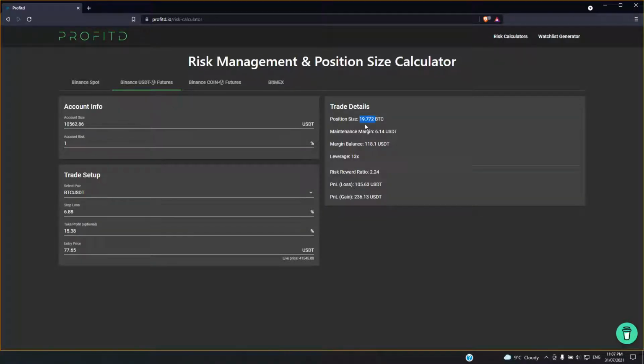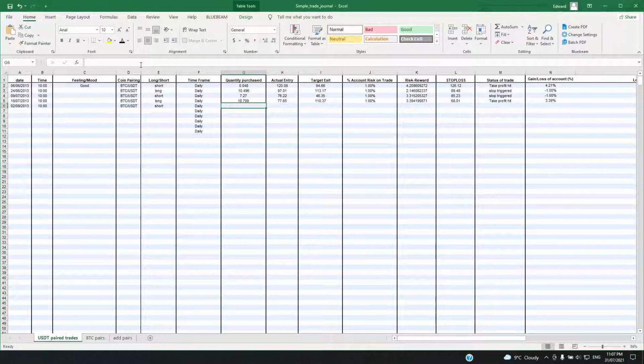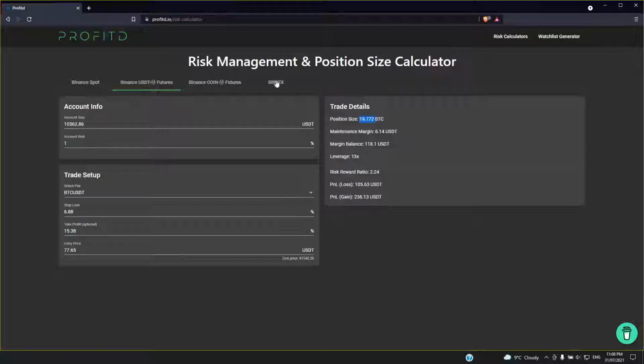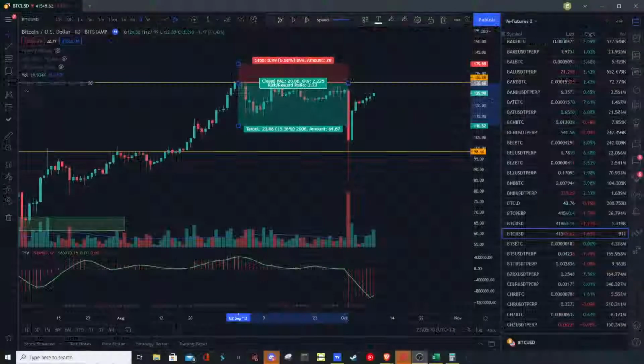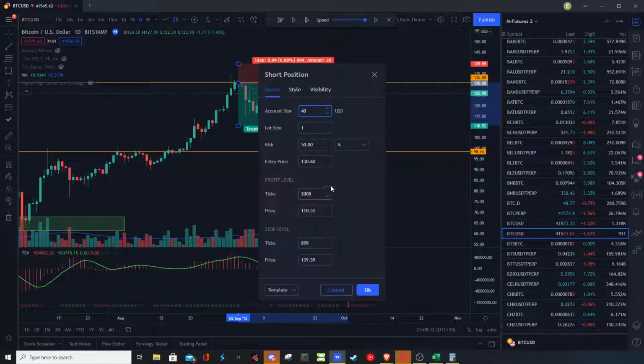So quantity purchased. Now, how I get the entries for these is, should I just go here? I just go to settings. So my entry price, and I do the same thing with Binance. I'll just put the entry price in and copy paste. Copy that profit, and the stop.